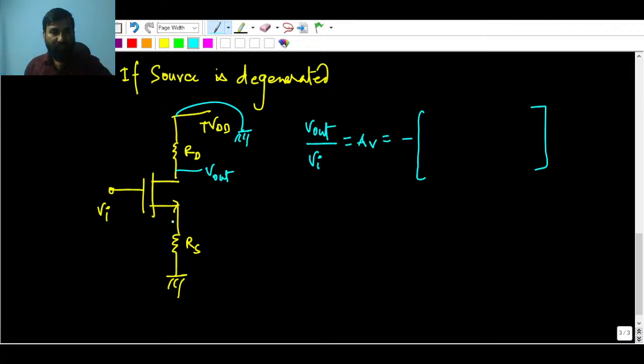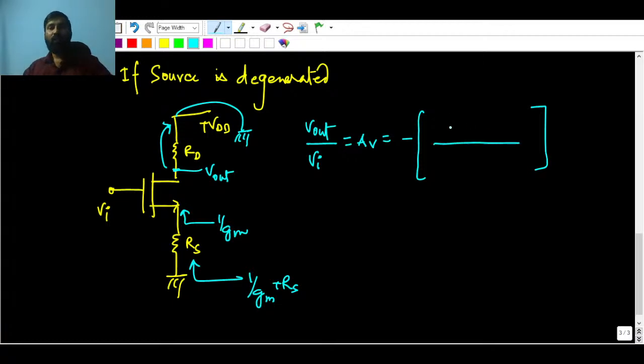If you see resistance from the source terminal, it is going to be 1 by gm. Suppose there is no RS, but there is an RS in series. Then from here it is 1 by gm plus RS. And if you see resistance from output to ground, it is simply RD. So you just take the ratio: RD upon RS plus 1 by gm.